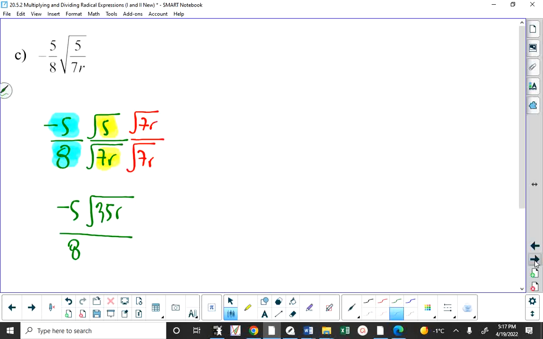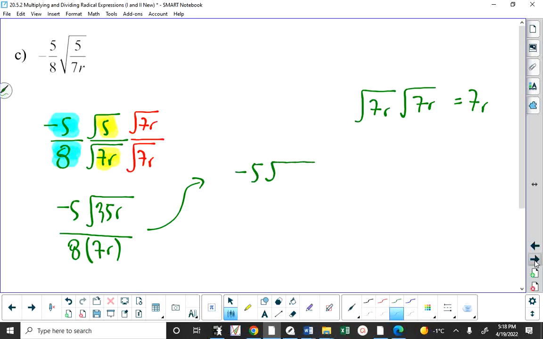And then root 7r multiplied by root 7r is simply 7r. So we are going to get on the top negative 5 root of 35r over on the bottom 56r.